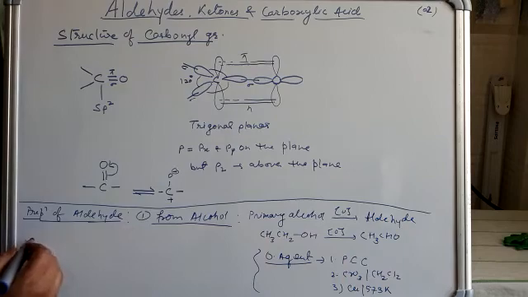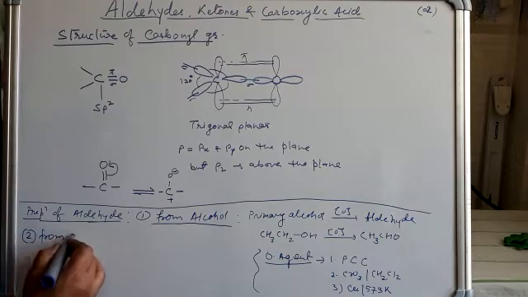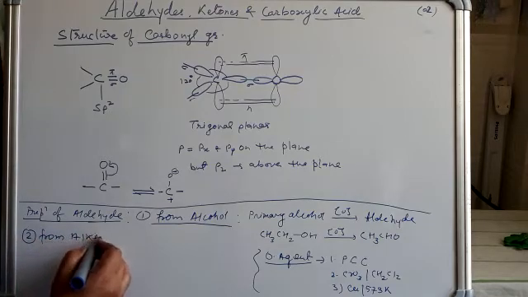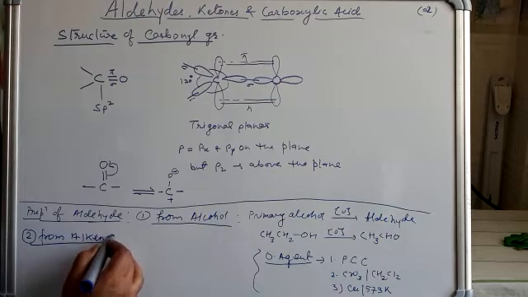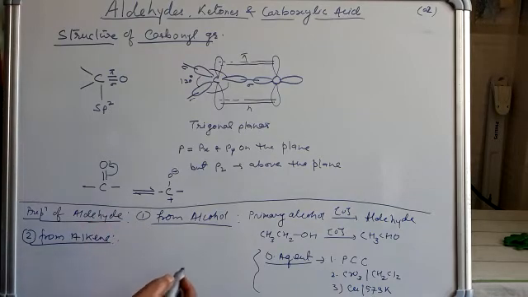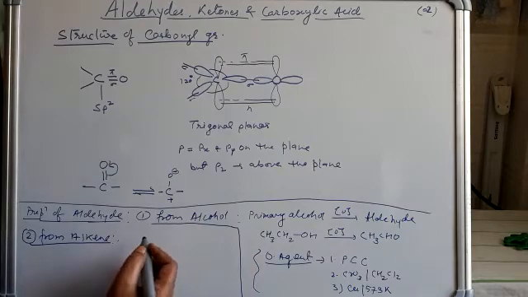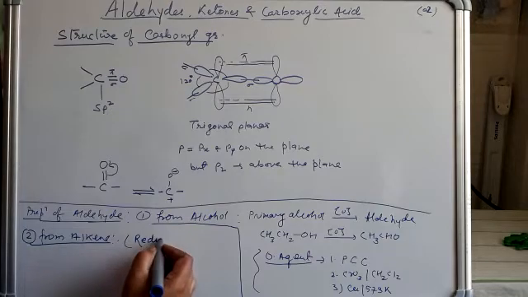Next, from alkene. From alkene, we have read in class 11 the ozonolysis of alkene. Which type of ozonolysis?